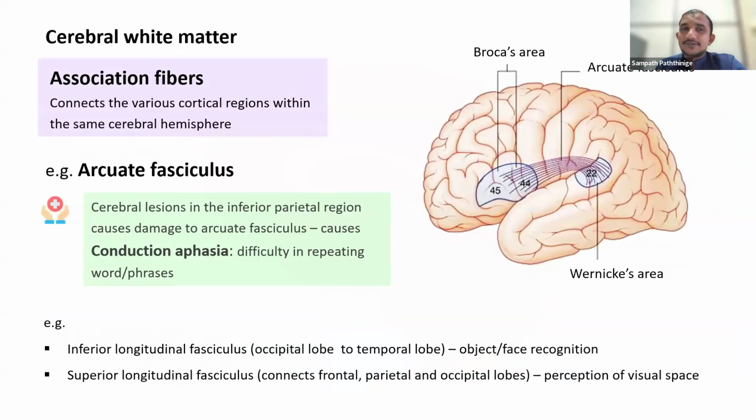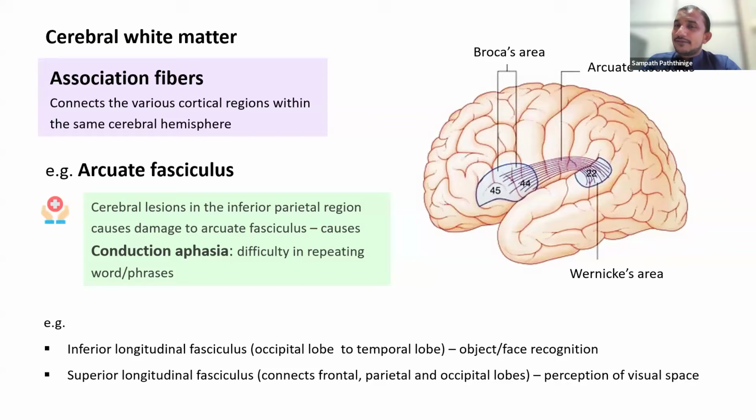For the association fibers, one of the very clinically important things is the arcuate fasciculus, which connects Wernicke's area to Broca's area. For example, when we listen to a question and give the answer, we need both understanding and expression, right?